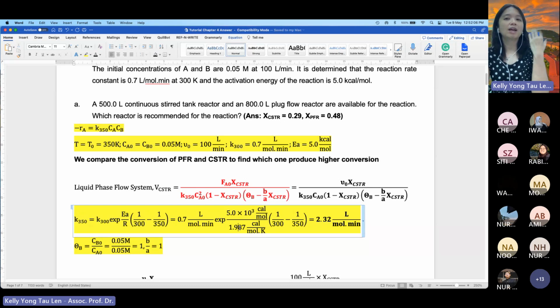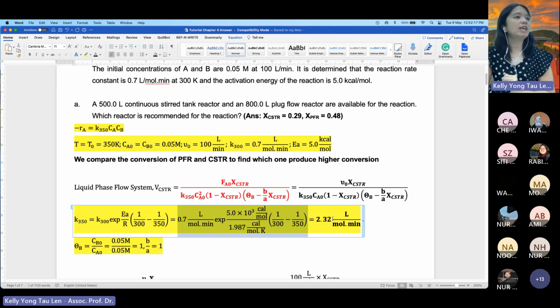When your EA is in calorie, your R value is 1.987 calorie per mole Kelvin. You replace into the equation, and you will get the value of K at 350 Kelvin as 2.32.